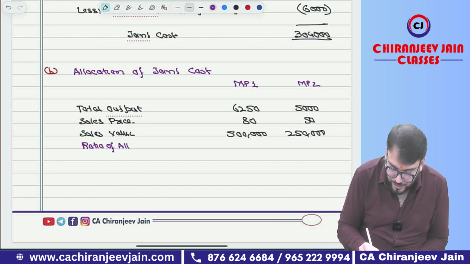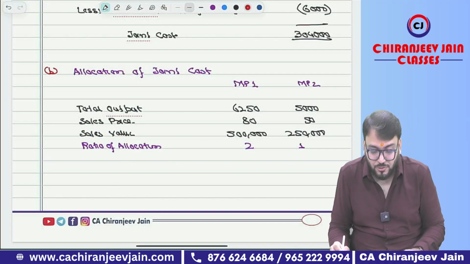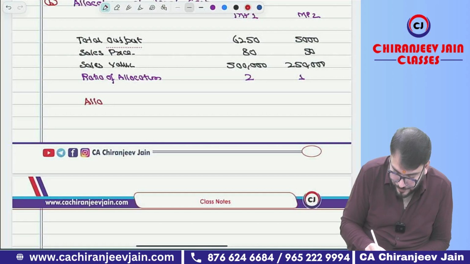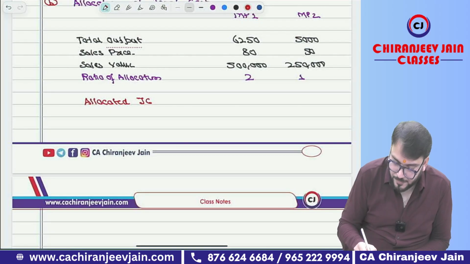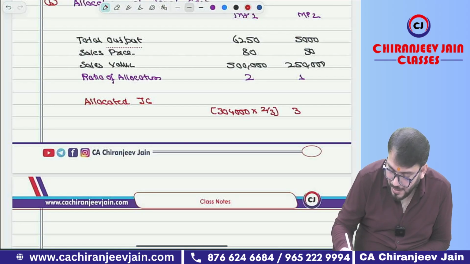Ratio of allocation, that is 2 is to 1. So what will be the allocated joint cost? 3 lakh 4,000 into 2 by 3, and this is 3 lakh 4,000 into 1 by 3.